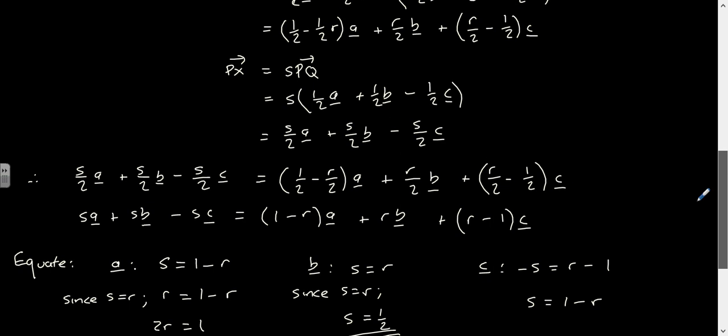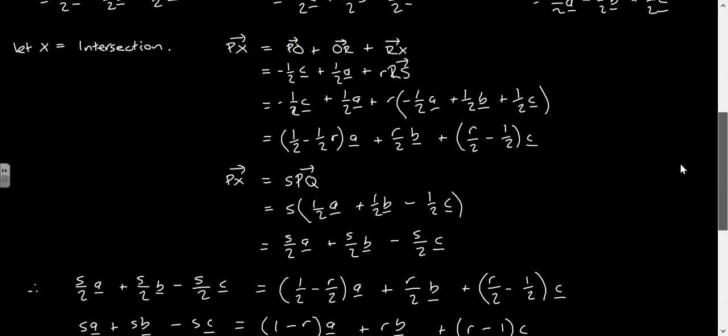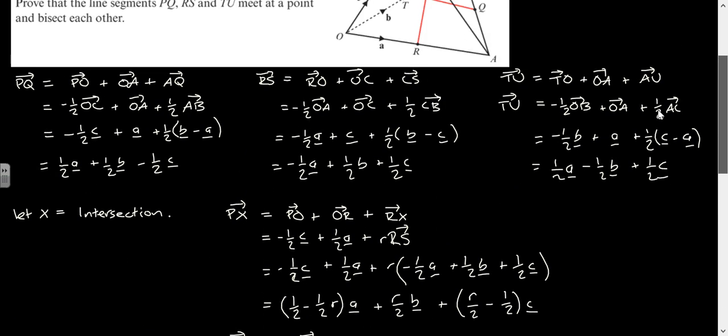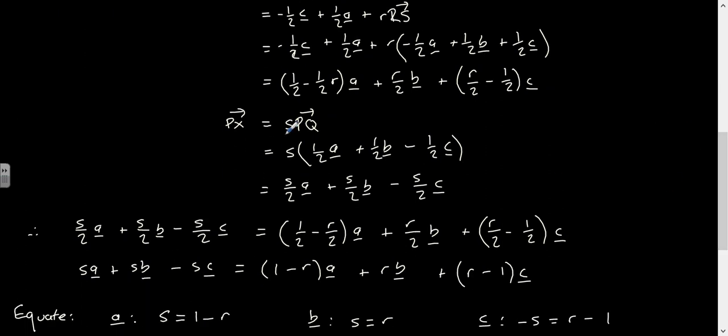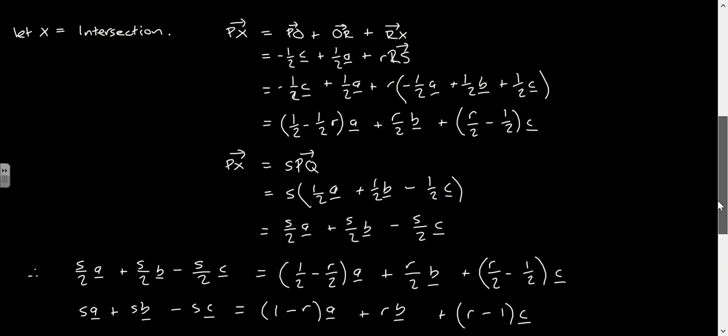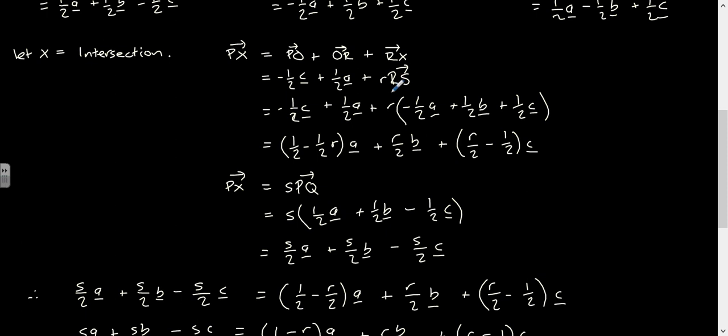And all of that because, if we look back at our two equations here, we've gone from P to X by minus 1/2 C plus half A, and then a fraction of the vector we're interested in. So the fraction of RX is R, and R turned out to be a half, so it's along half of RX. So then, half of RX, half of RS.